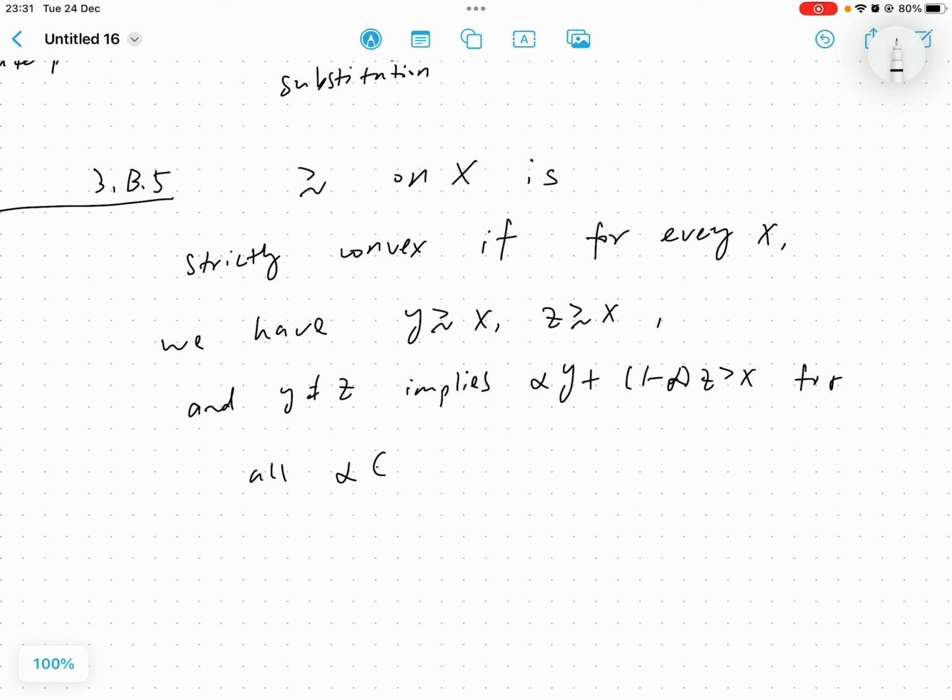Be careful that this alpha now doesn't include the two boundaries, so it is in the open interval.